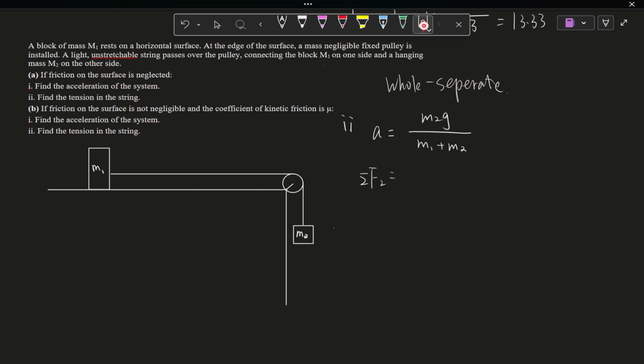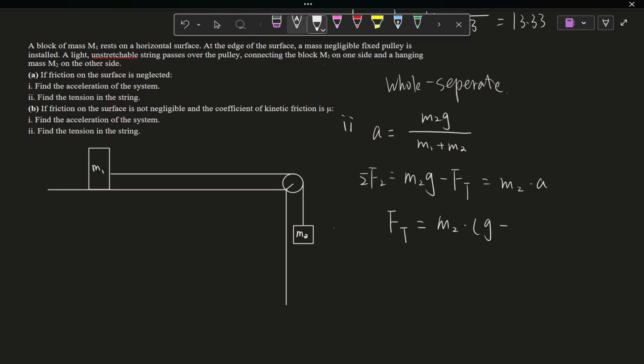There's a gravitational force pulling it downward, and there's a tension force pulling it upward. So the net force will just be m2g minus Ft is equal to m2 times a. And you'll get Ft is equal to m2 times g minus a.